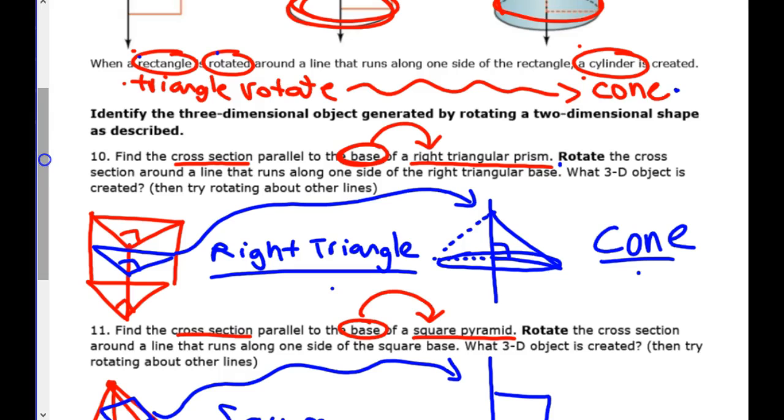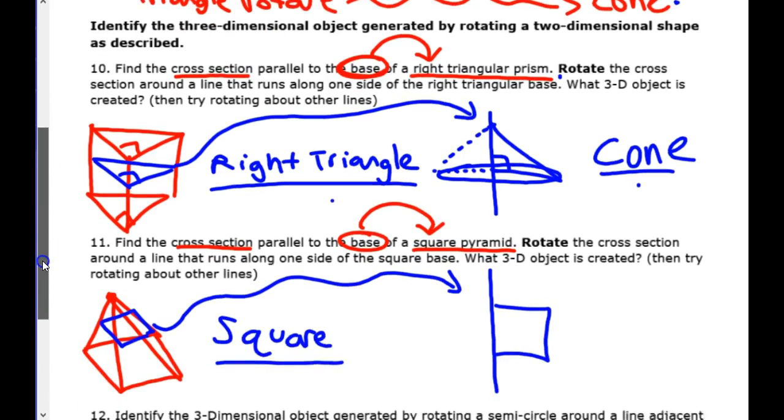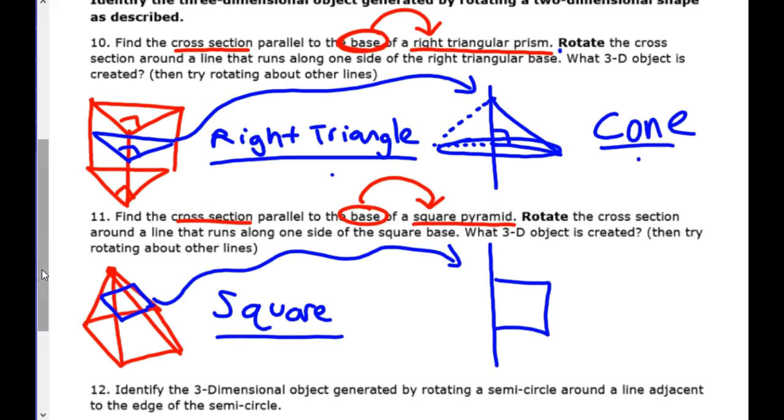A rectangle being rotated makes a cylinder. And a square is a rectangle, right? Pretty much. There's only one other shape, which we'll see on number 12. But this rectangle, when it's being rotated around that axis, makes circles on top, circles on bottom. Hey, that's a cylinder.